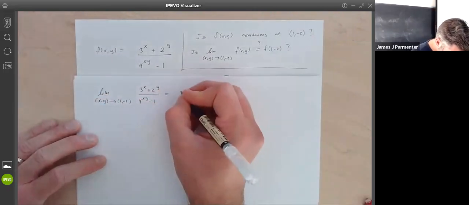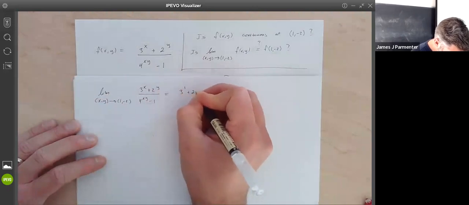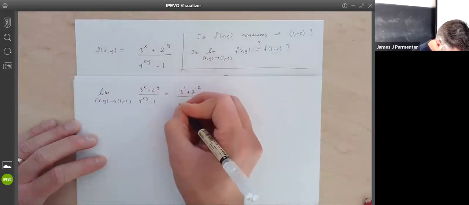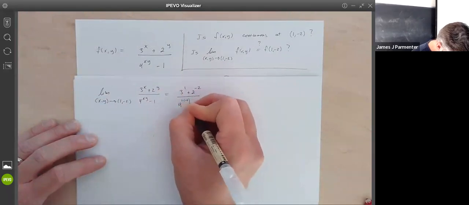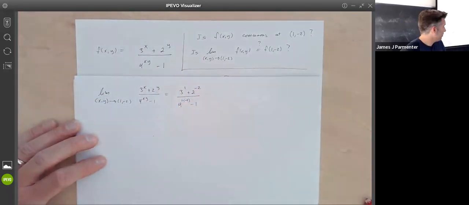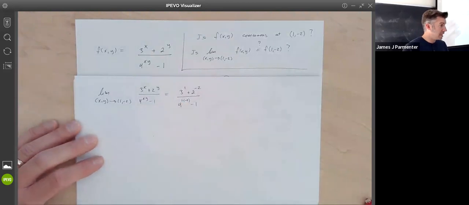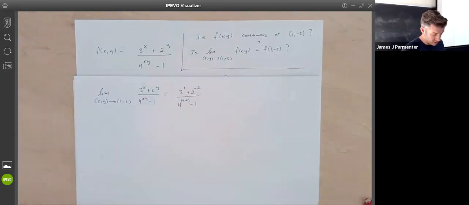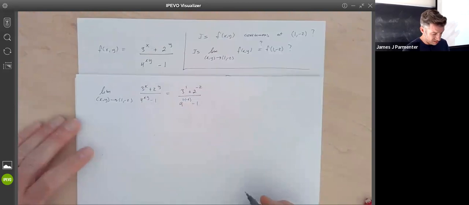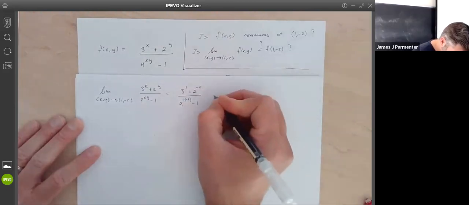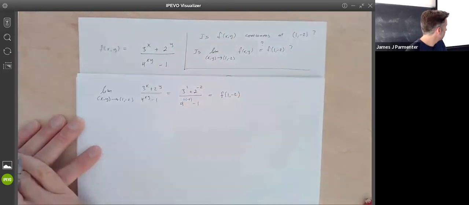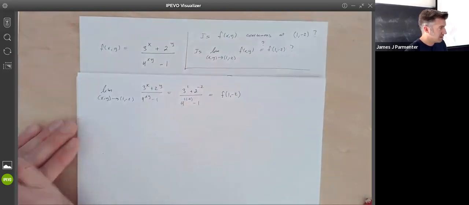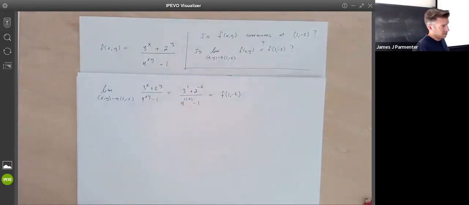I'm going to get 3 to the 1 plus 2 to the -2 over 4 to the 1 times -2 minus 1. It's not pretty, but it's certainly defined, right? It's some gross fraction. And I think we can all probably agree that's definitely what f of 1, -2 is. Because unless there's some weird undefined thing, you're not going to have problems.